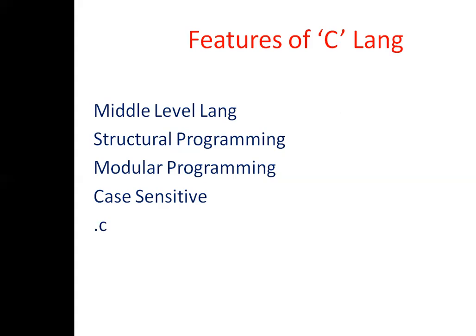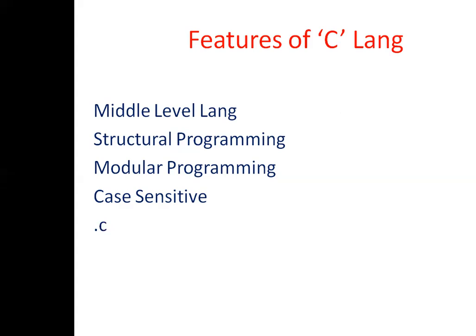Suppose you are using MS Word, Excel, or Notepad. Any application will have its own extension name, through which it can be identified as a particular type of application or program.